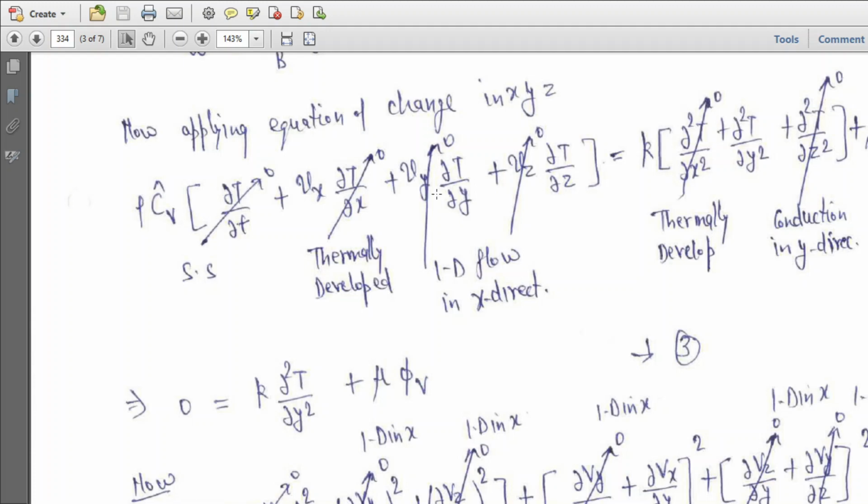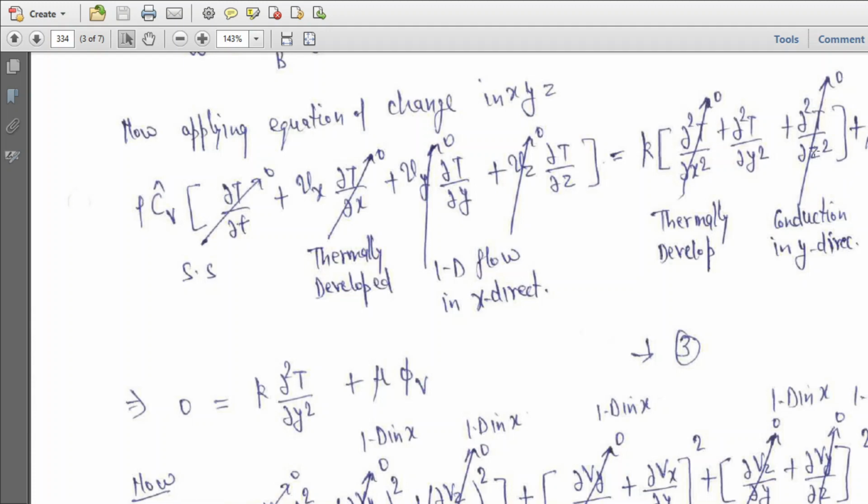Purely one dimensional flow in x, so vy and vz are also 0. No conduction in z direction, so del T upon del z is also 0. We are considering conduction only in the y direction.